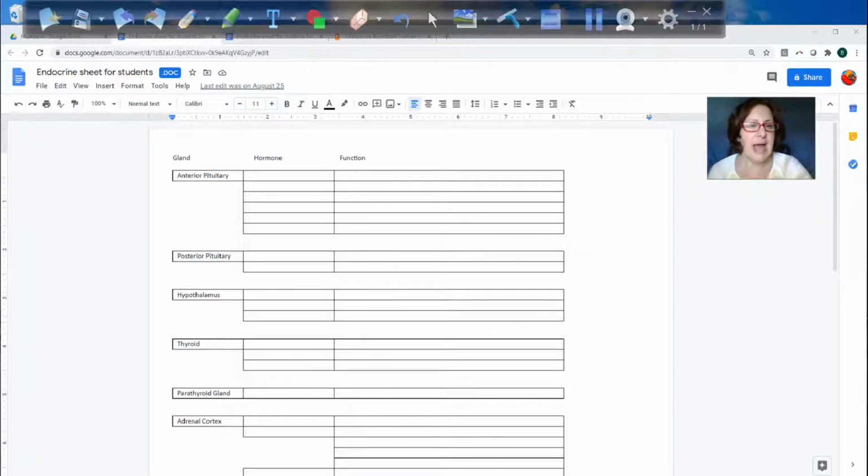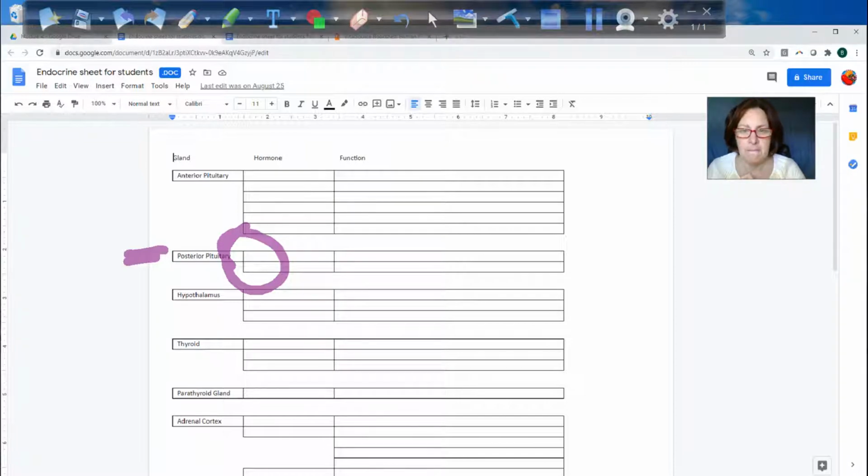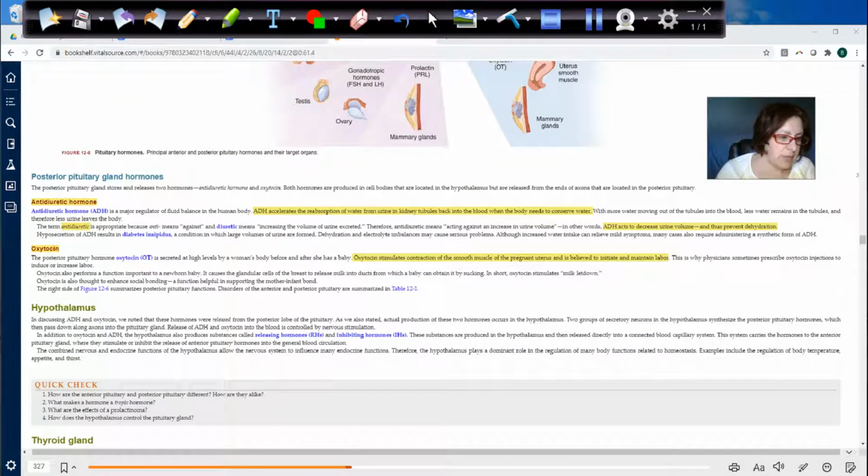Pause the video if you need to go back and catch anything. And now we're moving on to the posterior, and we have two hormones that come out of here. All right. The two hormones are the antidiuretic hormone and oxytocin. Antidiuretic hormone is part of regulating our water balance in our body. And how it does that is by increasing or decreasing how much urine our body is creating.